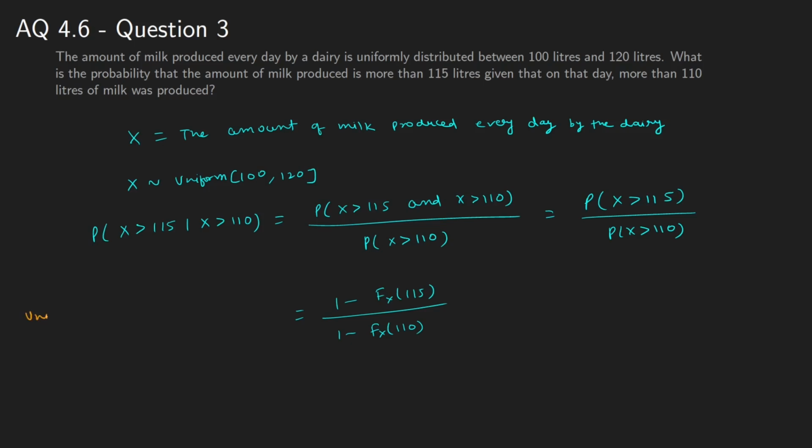So for a uniform continuous random variable x, we already know that the CDF at x is given as x minus a divided by b minus a, when our x is uniform in the range a and b and it is continuous.